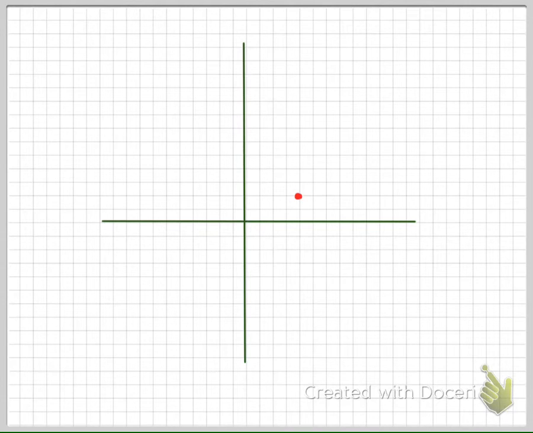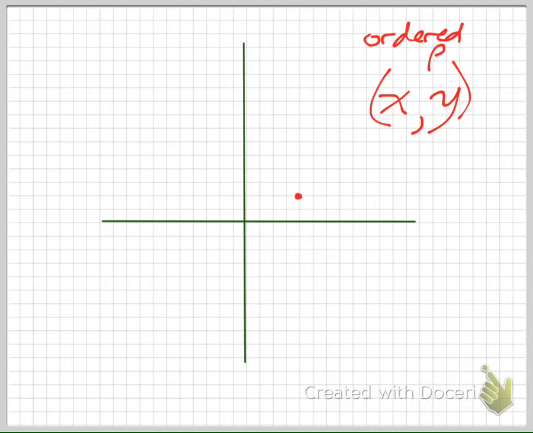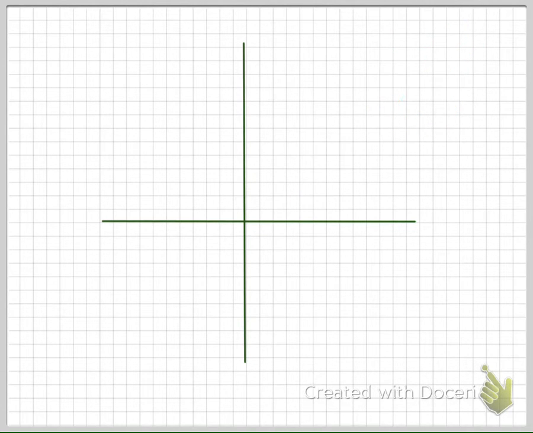Yes, coordinates, but what is it called? When we did the origin 0, 0, what's that called? An ordered pair. Inside of any ordered pair, we do the x first, then the y. Where it lands on the x-axis, and then where it lands on the y-axis. That's an ordered pair: x, then y.